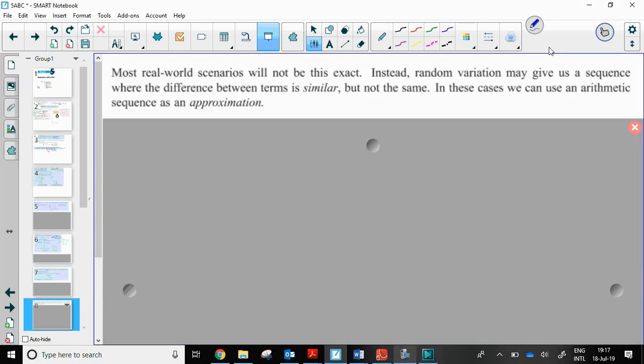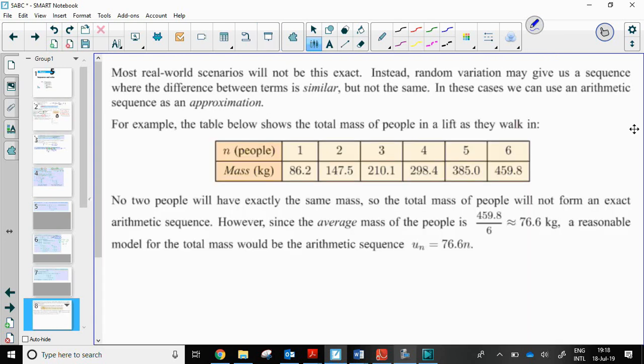Now in the real world, data is not often so pretty, so we may have to approximate using arithmetic sequences to make predictions about a situation. There's nothing really too challenging to that. Here's an example of it. So, if we were looking at the combined mass of a bunch of people, obviously every person doesn't weigh the same amount.